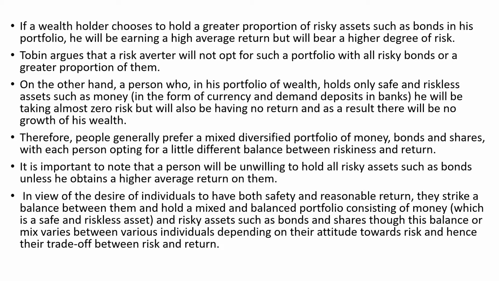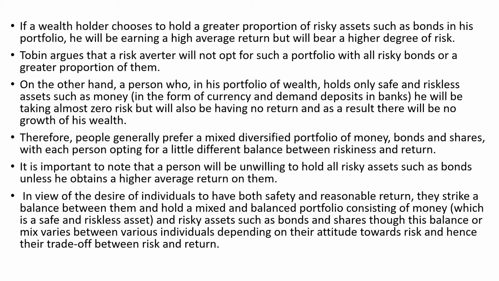So if you are investing in highly risky assets, that means that you are most probably going to get high return in the future. And Tobin argues that a risk averter will not opt for a portfolio with such risky bonds because, since he is a risk averter, he is afraid of risk, and he will be investing more in less risky assets.